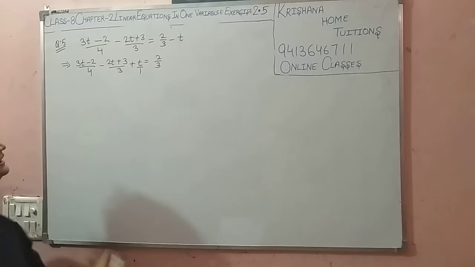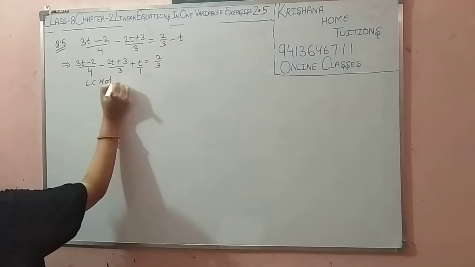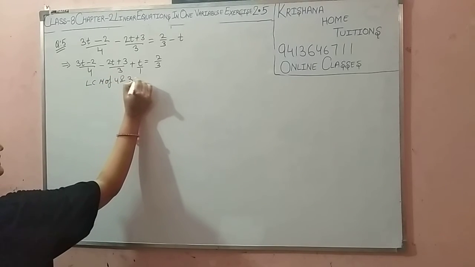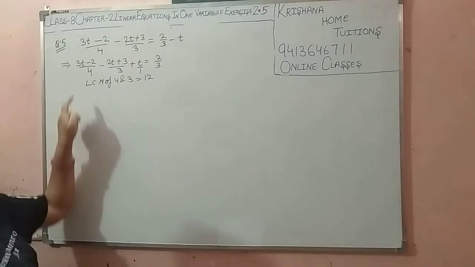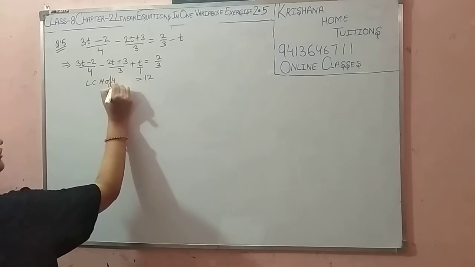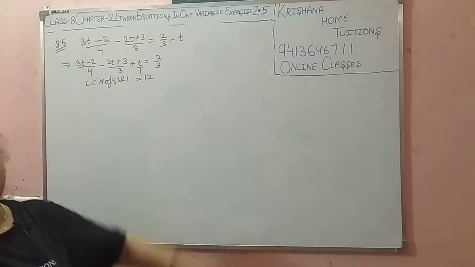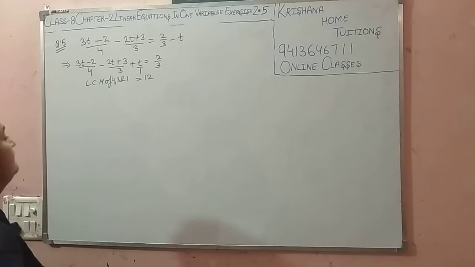Now I am writing t upon 1. So what is the LCM of 4, 3 and 1? It is 12. We have to convert all the denominators into 12.